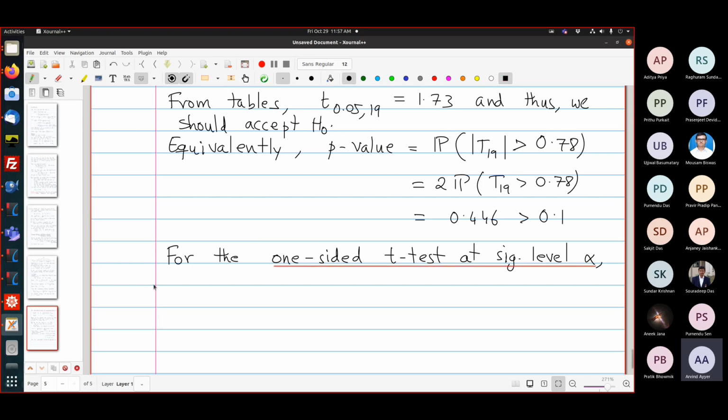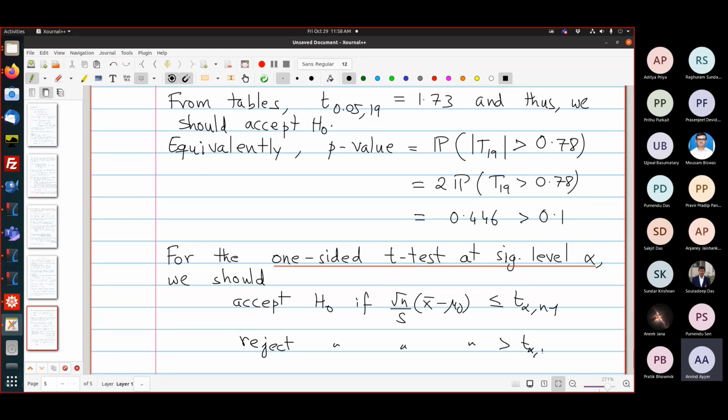You should accept H naught if square root of n by s times x bar minus mu naught is less than or equal to t alpha, n minus 1, and reject if this is greater than t alpha.